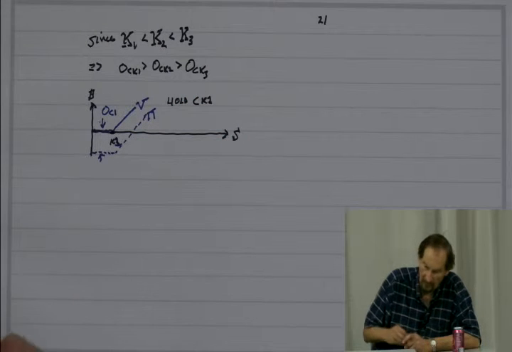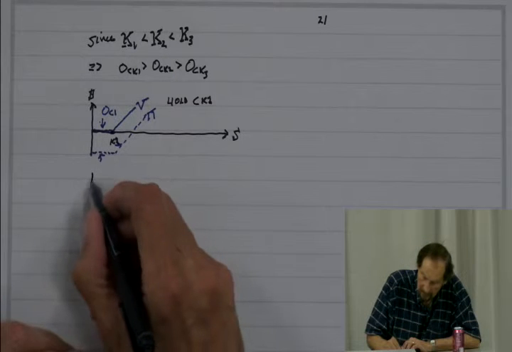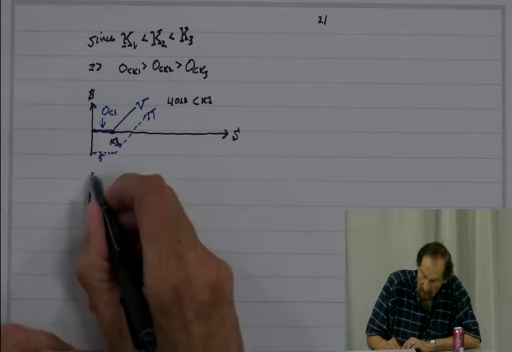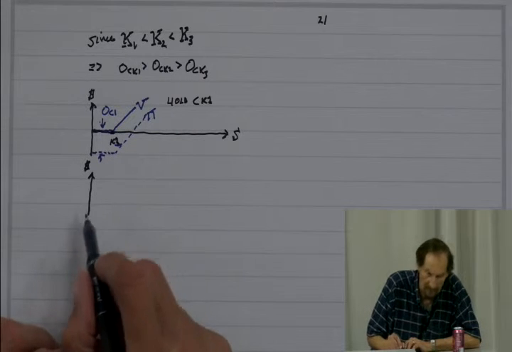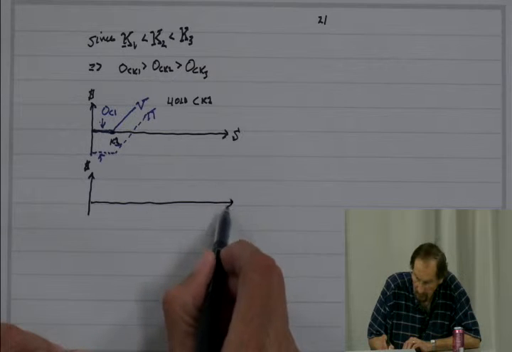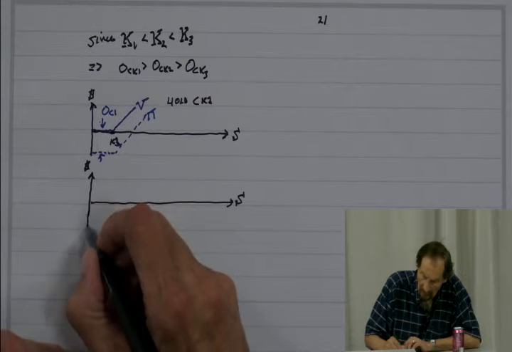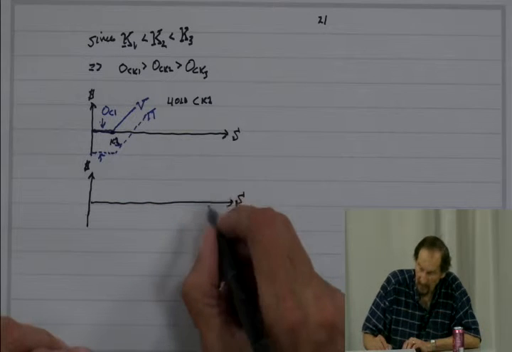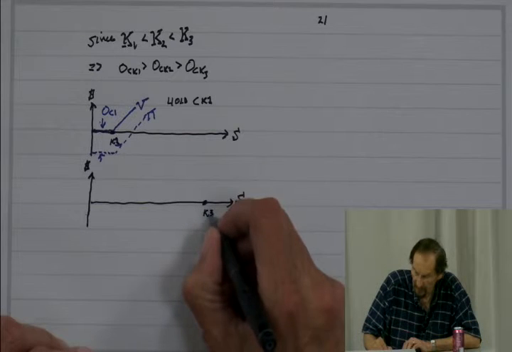Now, let's look at the holding of the call option with the strike price K3, where K3 is the biggest of the strike prices. So now K3 has to be somewhere out here. K3.